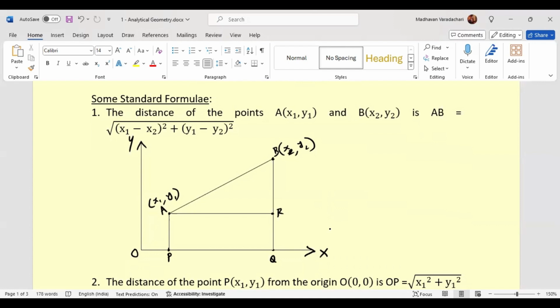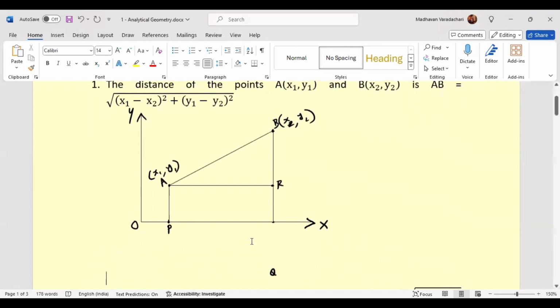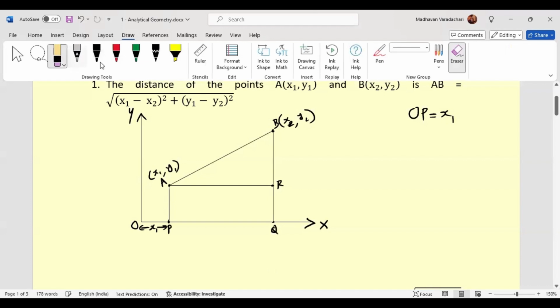Now we may notice OP is nothing but x1. Then let us consider Q. Our OQ is x2, because from here to here, this is x2. So our PQ will be x2 minus x1.